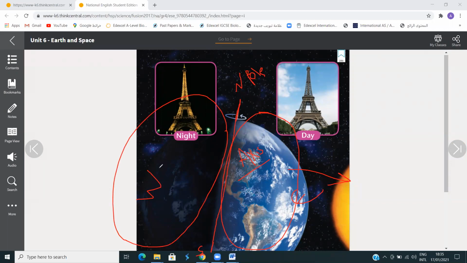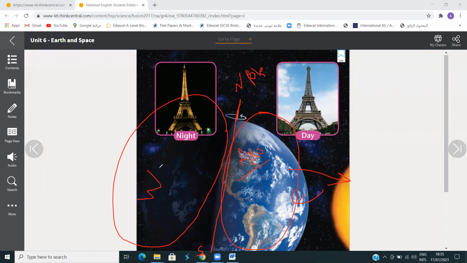You understand? Each planet rotates at a different rate. So the length of the day of one planet is different from another planet and from the other planet. So each planet has its day. For example, we have the planet Venus. The day on Venus is different from the day on Earth. The day on Earth is equal to 24 hours.